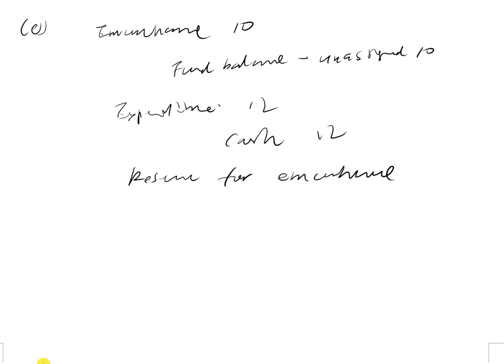We reduce assigned balance and we reduce encumbrances. Okay. So it doesn't matter whether our actual expenditures are 12 or 20. The only thing we're going to reduce is the 10 reserved for encumbrances from the previous contract.